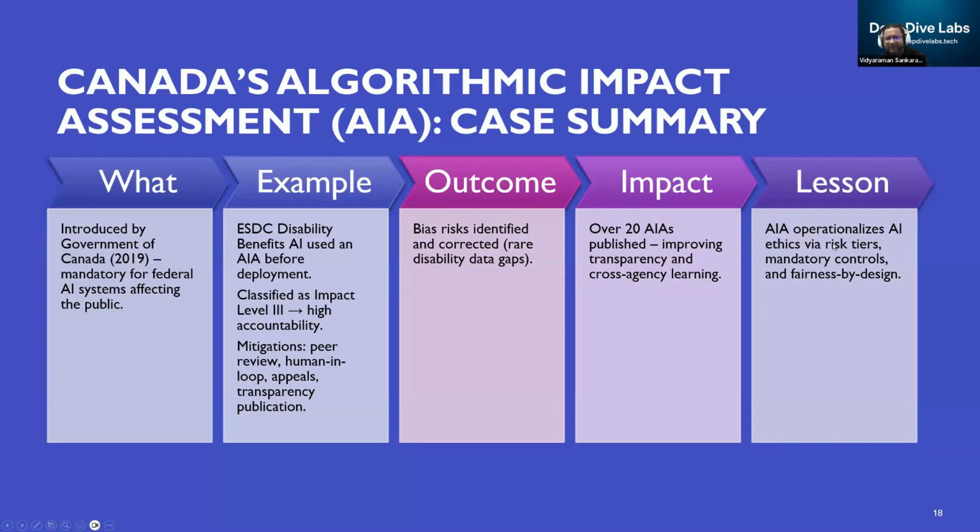Again, the key lesson, which is what I found really useful in this particular context, is that it operationalizes the AI ethics, right? It's a very difficult process to take the notion of ethics and operationalize it. And that is what this particular AIA case summary says they were able to do. So that is quite important, especially when you're operating at a very large scale as well.